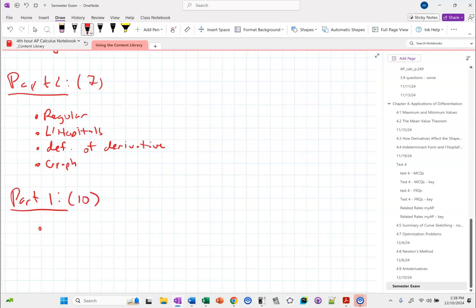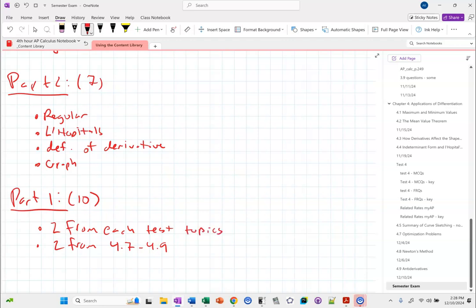So in general, you should expect to see 2 multiple choice questions from each test.